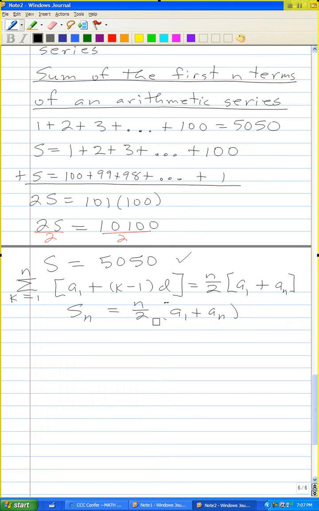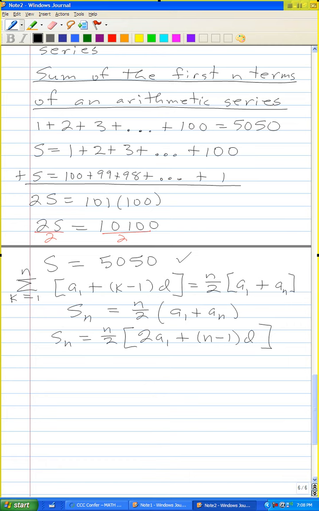And I also know that a sub n is equal to a1 plus n minus 1 times d. So I can also write this as follows: a1 plus a1 is 2a1, plus n minus 1 d. So I can write either formula, and that is the sum of the first n terms for an arithmetic series. And of course you can prove this by induction.